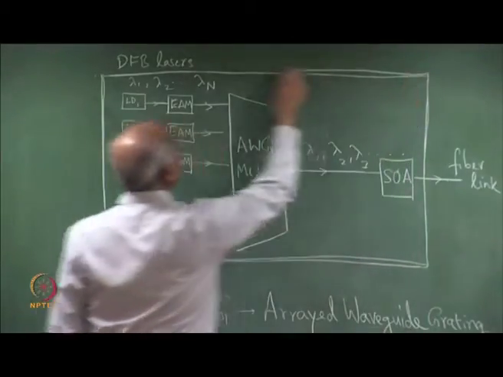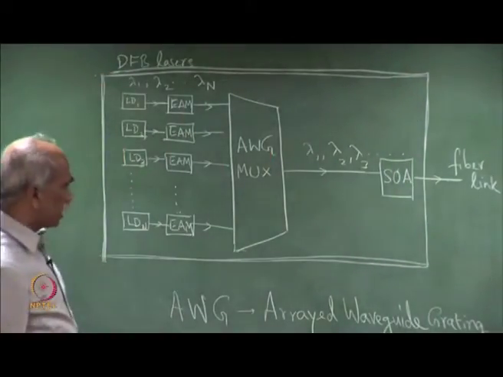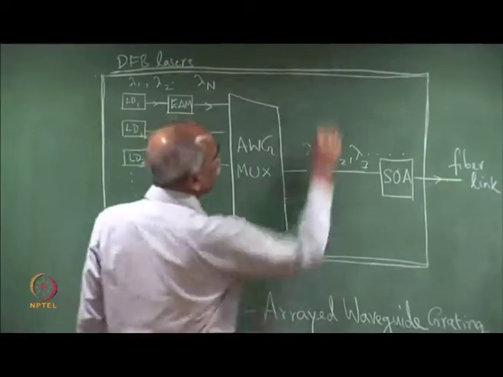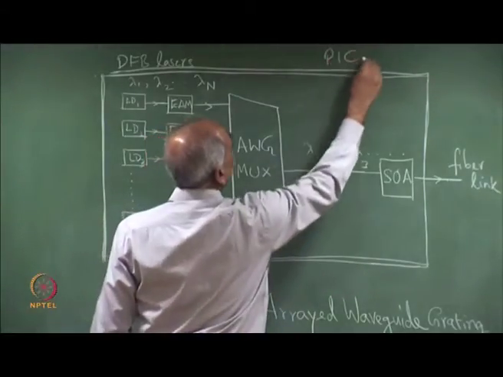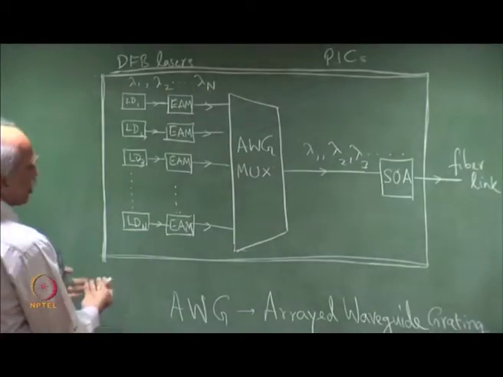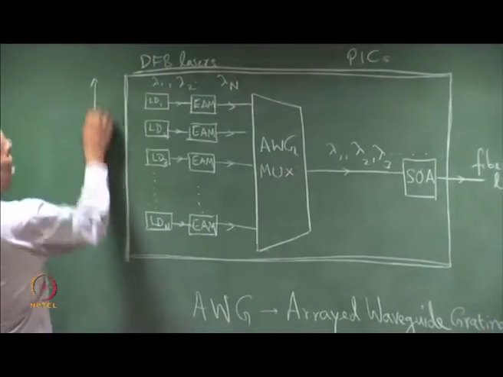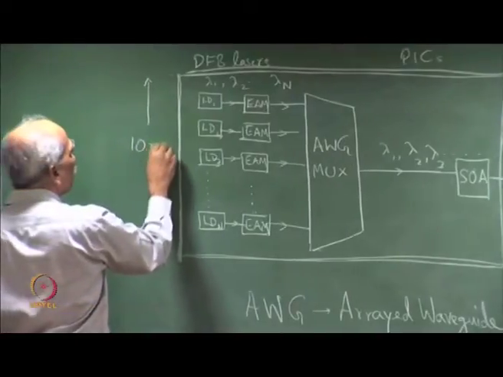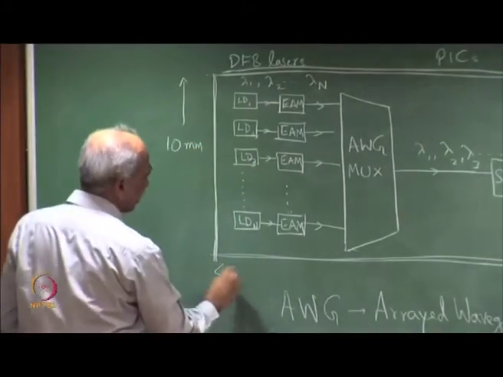So, there are reports of realizing such PICs. So, this is a PIC. Typical dimension could be 10 mm by 10 mm. So, I am just giving some typical idea of the dimensions that we are talking about.